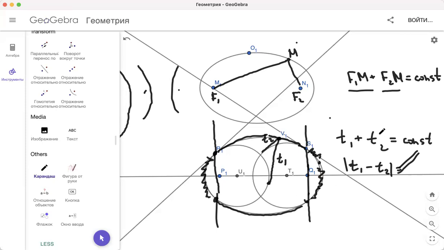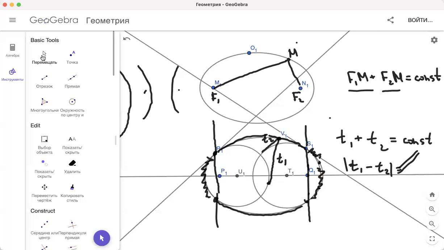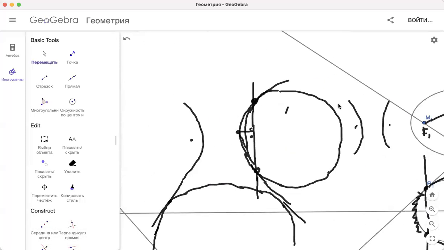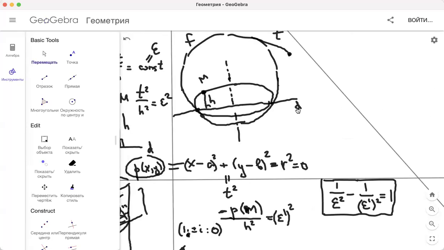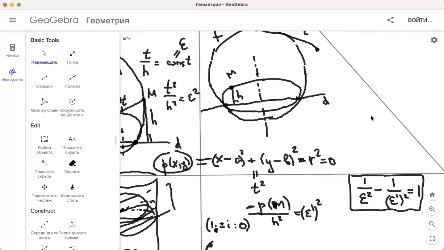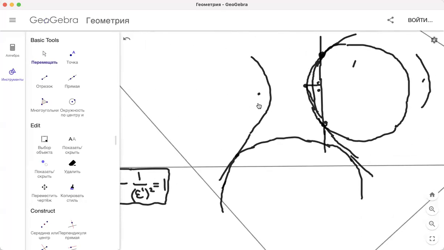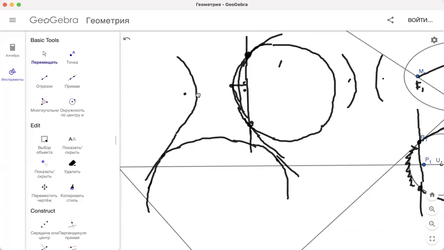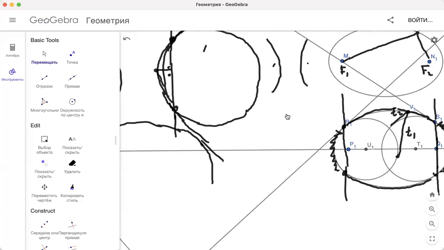It is very easy to prove using our focal directrices generalization, and also you can prove a similar thing for two circles from the other family. Some generalized bifocal property of conics.